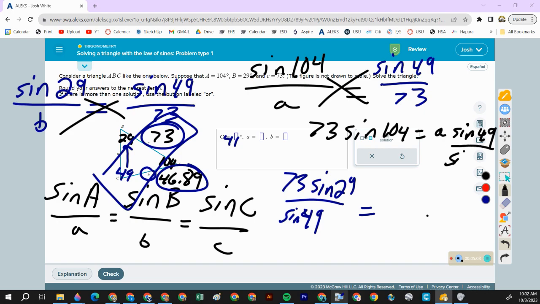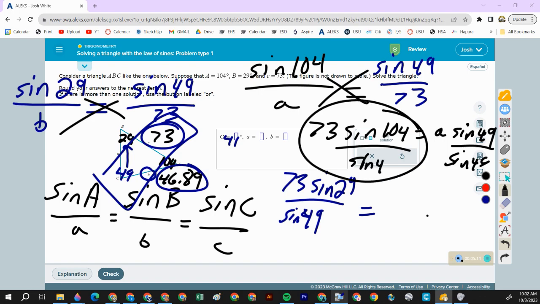Divide by the sine of 49, and that will tell me side A. Now, I think that answer might actually be wrong. I don't think it's 49. It's 47. So, sorry. All of these should be 47s. But the process is correct.